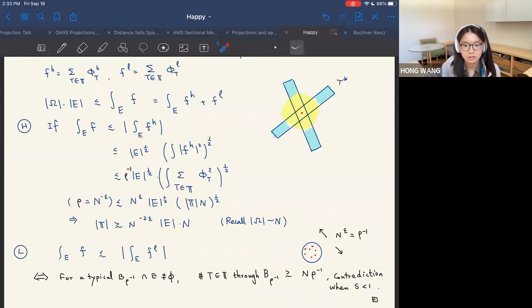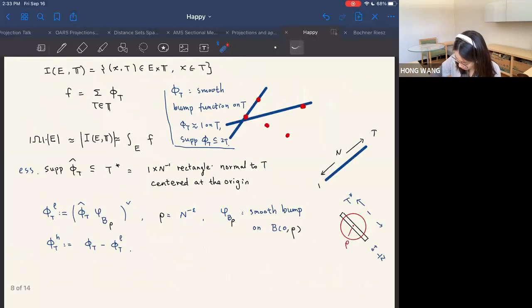There is a question. So what do you mean by high frequency? Yeah, that's a very good question. The high frequency part means that when we take the Fourier transform of phi_T, we consider the frequency that's outside of a small ball.